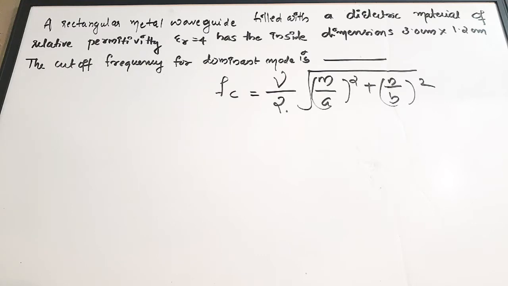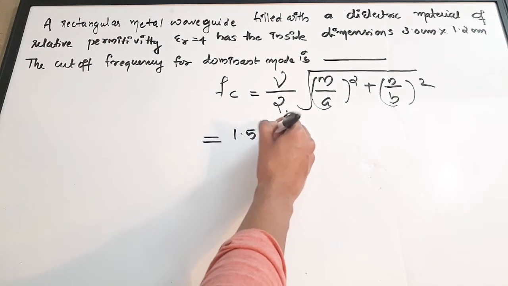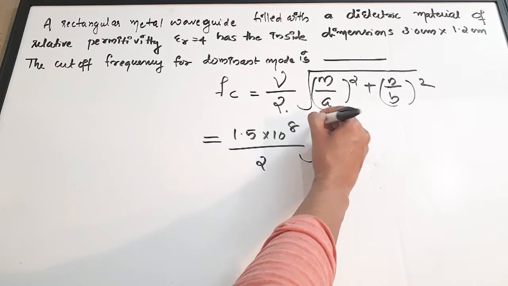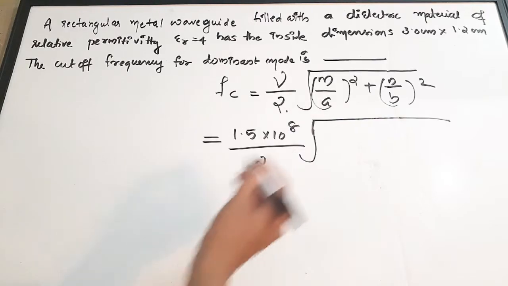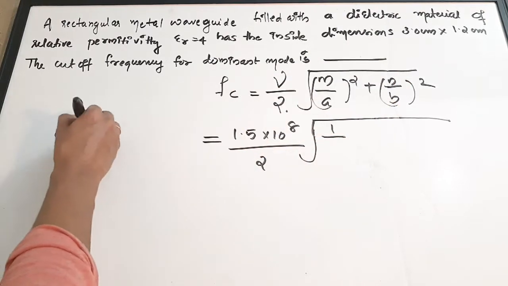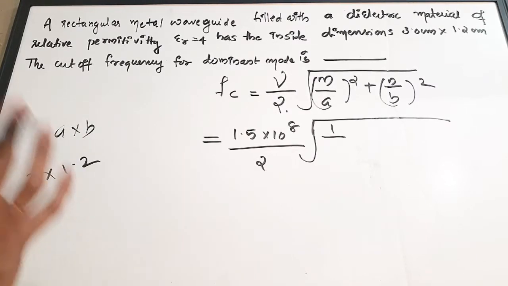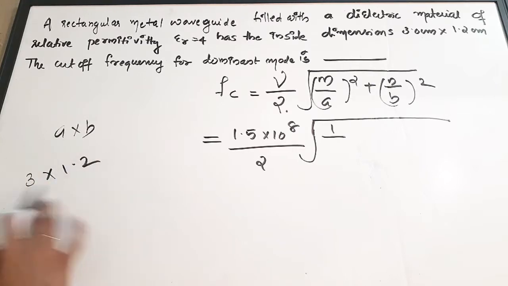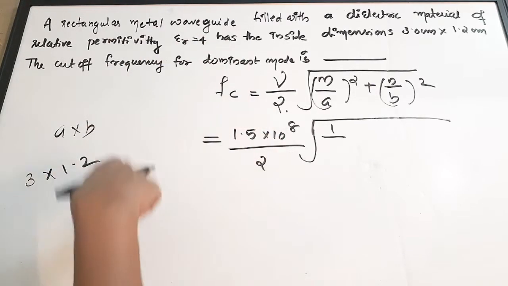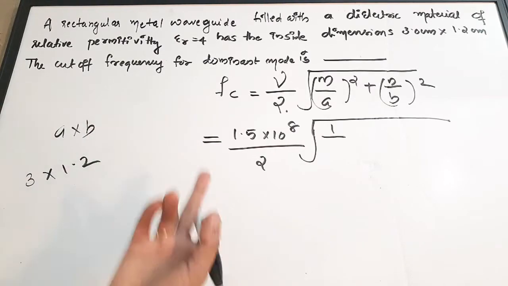Now I'm going to substitute the speed here: 1.5 into 10 raised to 8 by 2 into square root of m is 1, and a is given here. A by B is 3 cross 1.2, and a very important thing to note is that this is in centimeters, while the speed is in meters. So either you convert this to centimeters or this to meters. I'm going to convert the centimeter values to meter values.